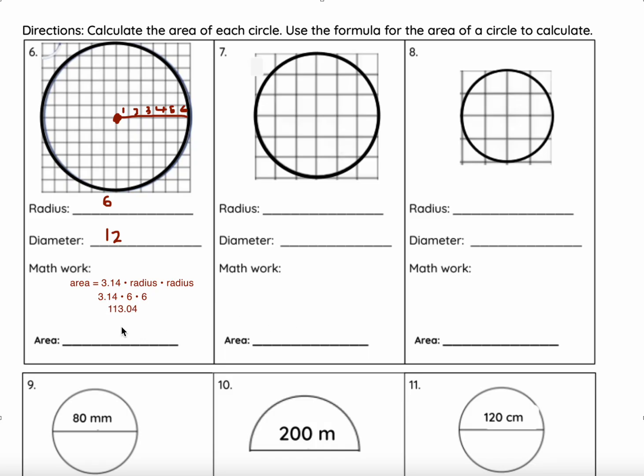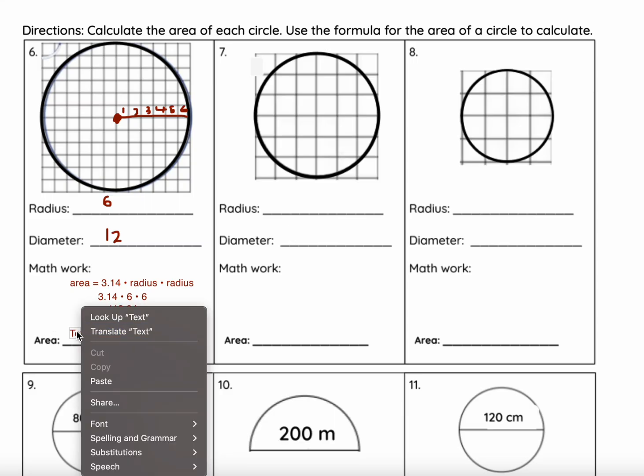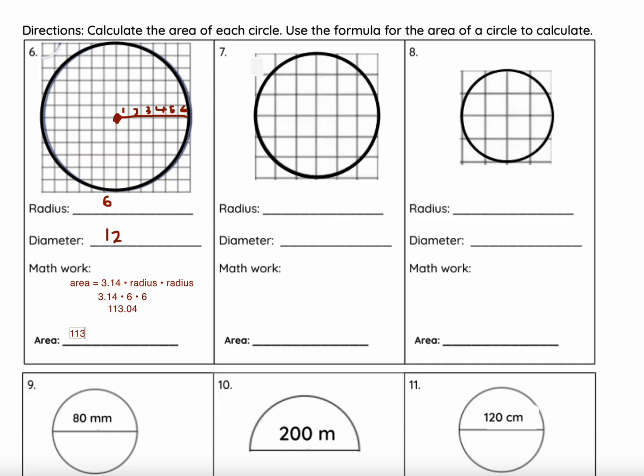And now, in this case, since the units aren't given, I'm just going to write my answer as 113.04 units squared. Make sure to put the 2 up there so that we know that our units are squared. Let's try one more of this type of problem.